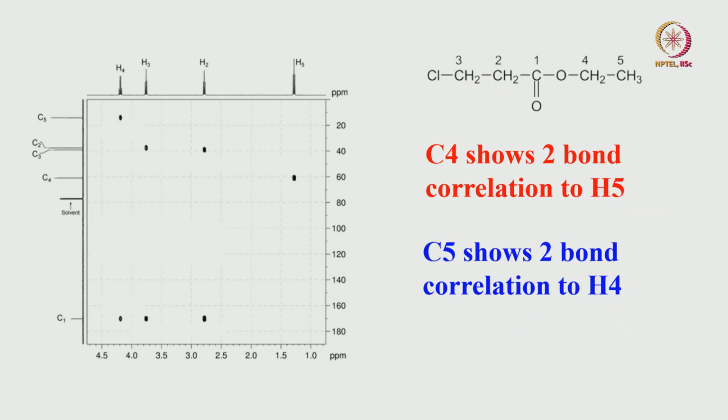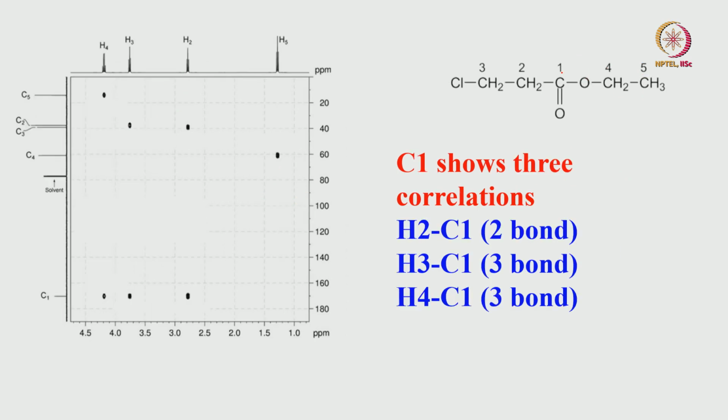Fine. Further you see C4 is correlating to H5, 2 bond correlation. Here C4 is correlating to H5. Also H5 is correlating to C4. These are isolated things.